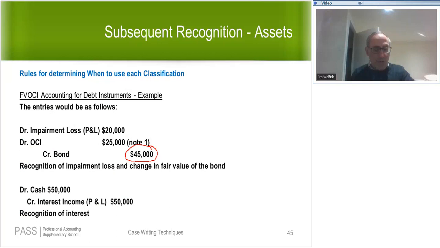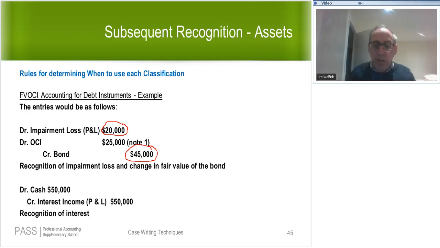The remainder of the change in value goes to OCI. So at the end of the day, guys, you just need to remember that only that portion of the change in value that relates to the credit loss goes to the P&L. Everything else, the rest goes to OCI.